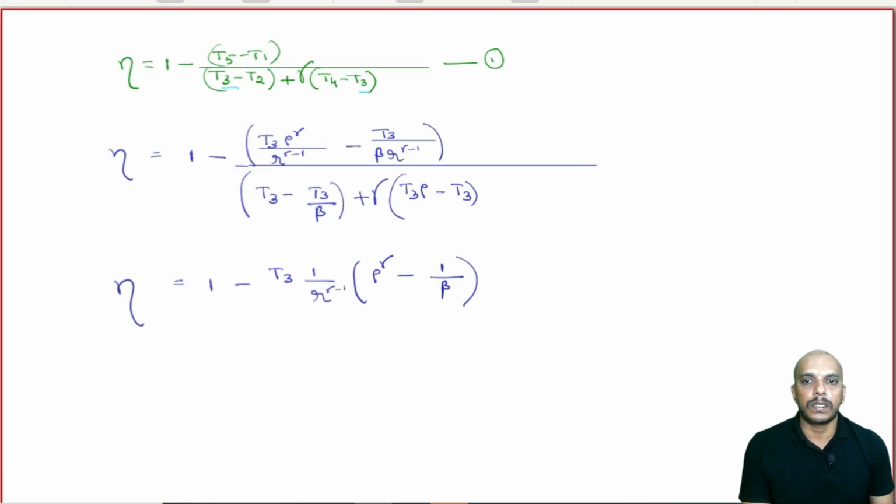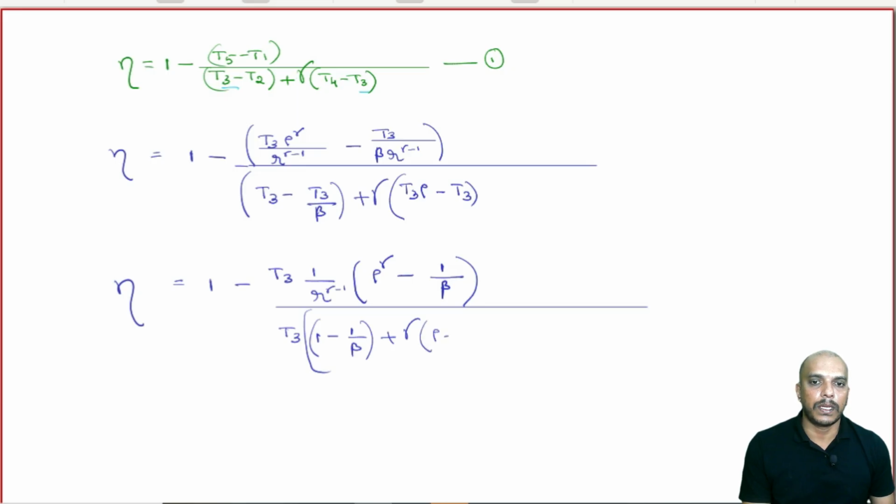In the denominator, again we will take T3 common. So we will have 1 minus 1 by beta plus gamma into rho minus 1. So this T3 cancels out.